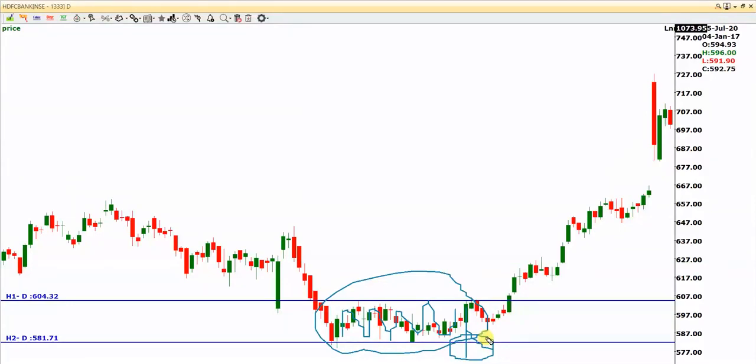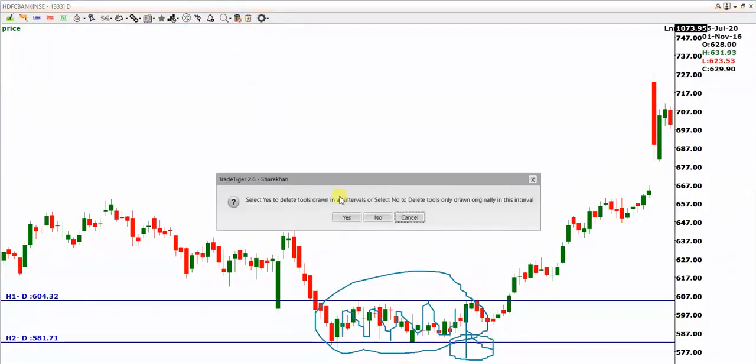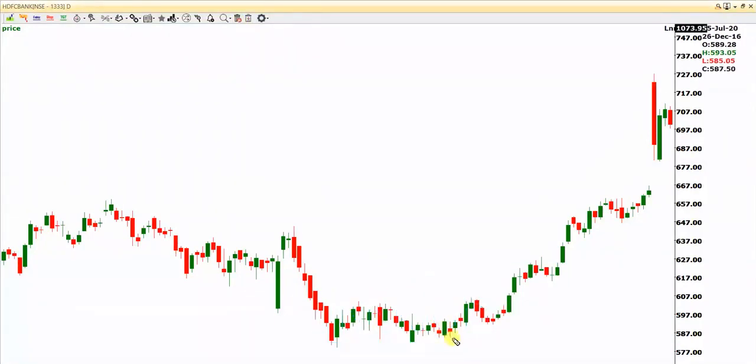I mean to say they will exit all their portfolios, and that is the point where big people accumulate in big quantity, right? After that, the stock again comes into this accumulation zone and starts to move higher, right?